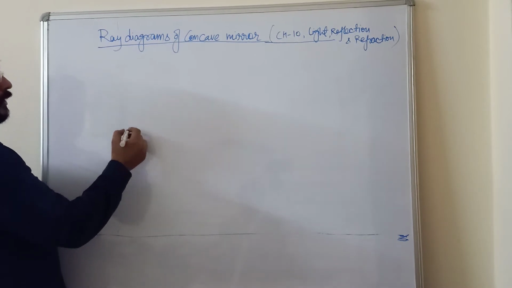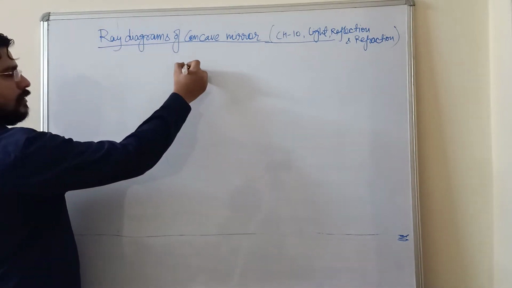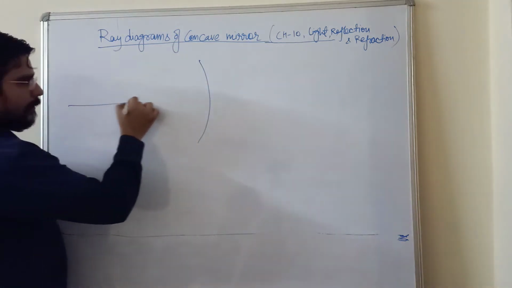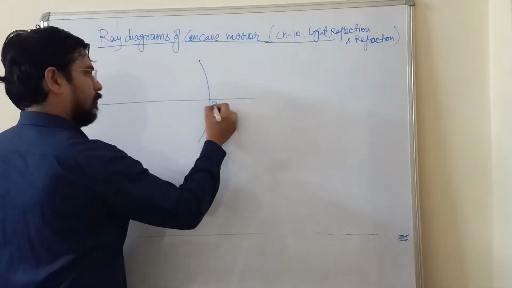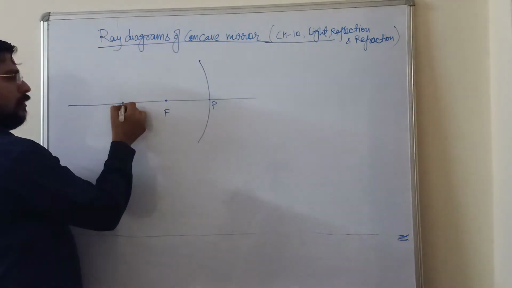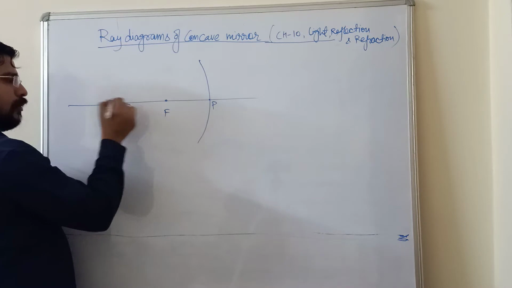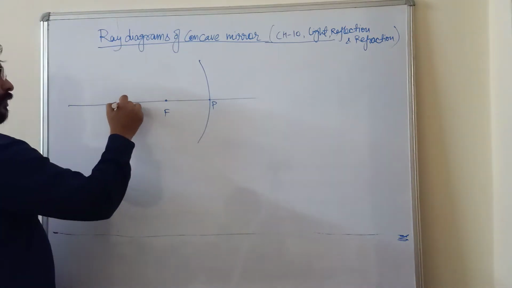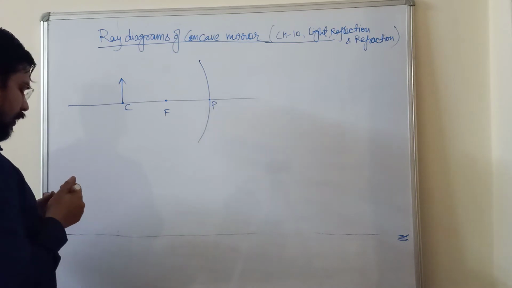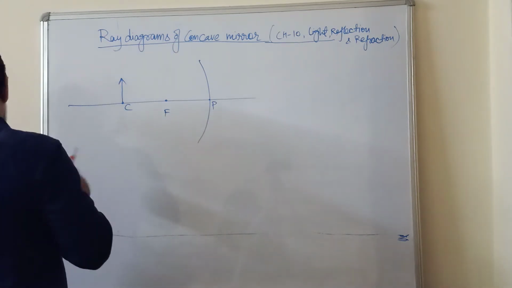So next is your case 3, and we are having object at center of curvature. Now the object is placed at center of curvature. So this is your object. And let me show you the rays of light with different color.